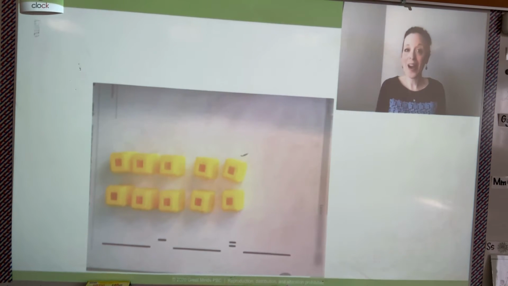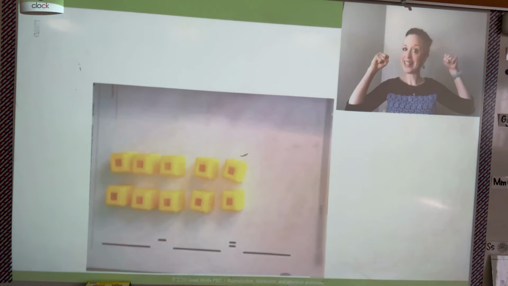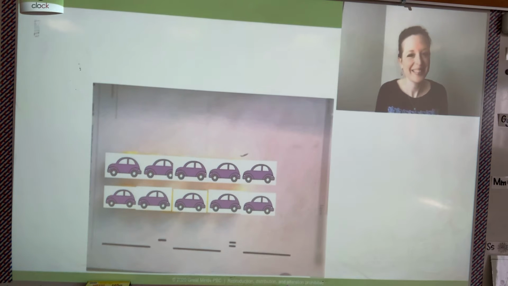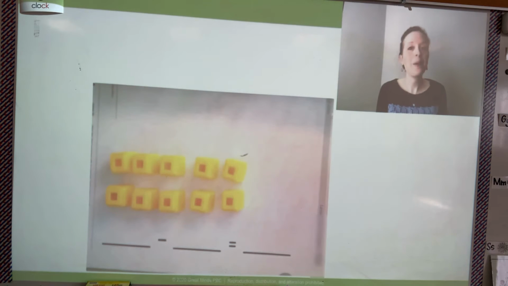Now, with our imagination hats, we can see that these aren't cubes, these are cars. So you have 10 cars parked in a parking lot, but 9 of those cars drive away. 1 car is left.